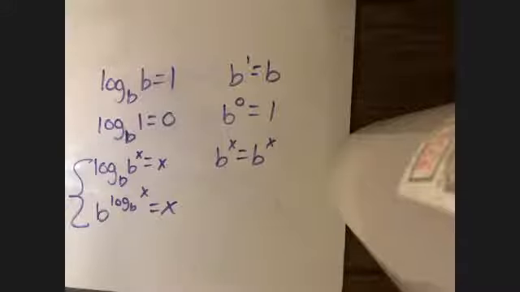Now, if you remember back, it wasn't too long ago, section 4.1, we had a graph that looked like this, and the table for this, and I'm going to do an abbreviated table. This was 1/4, 1/2, 1, 2, and 4.